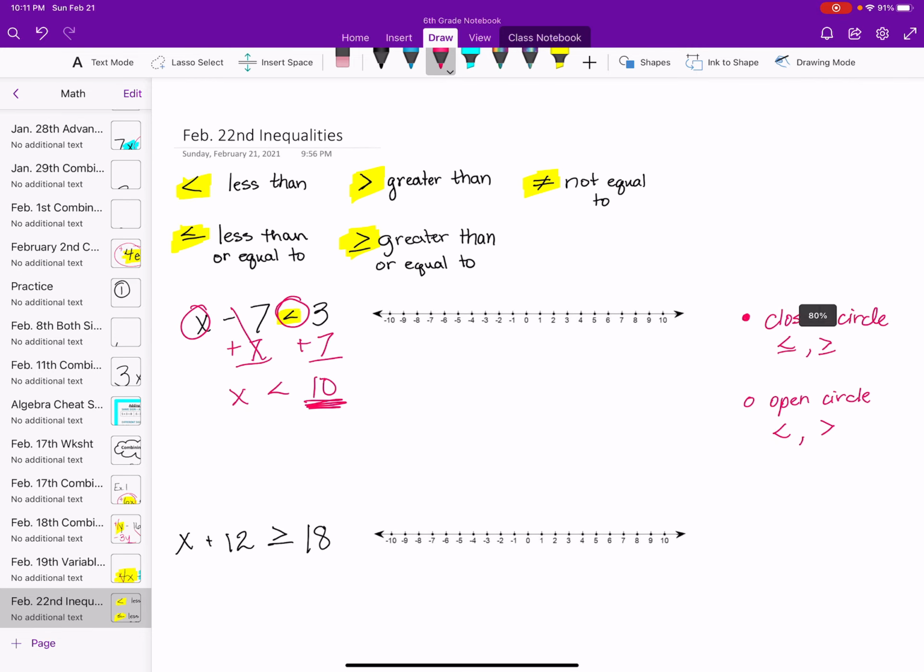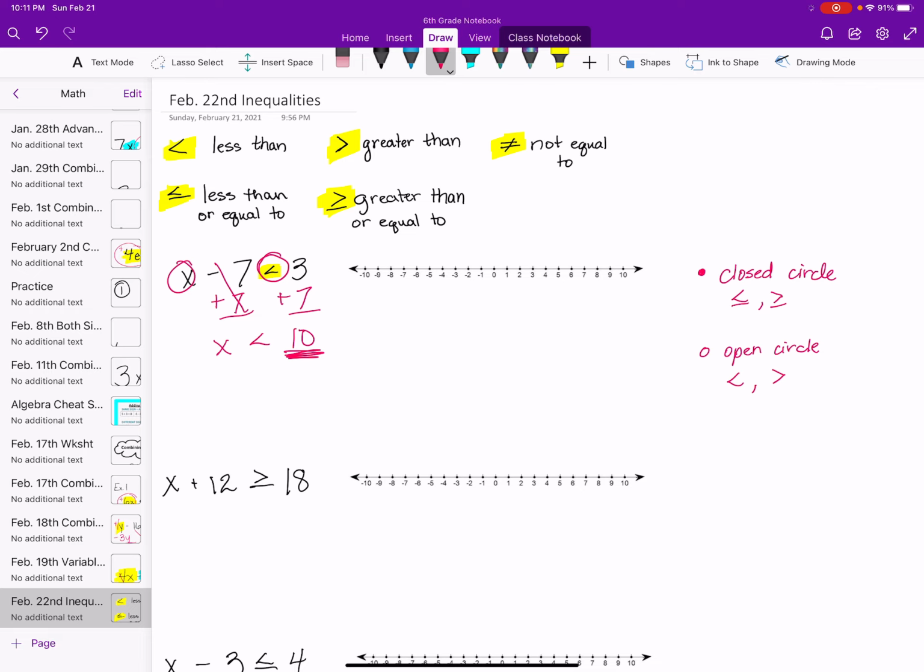However, I'm going to look over here at my rules that I've put on the side. If I have a less than or equal to or greater than or equal to sign, I'm going to put a closed circle on my number. If I just have a less than or a greater than sign without the little line underneath, then I'm going to put an open circle on that number.